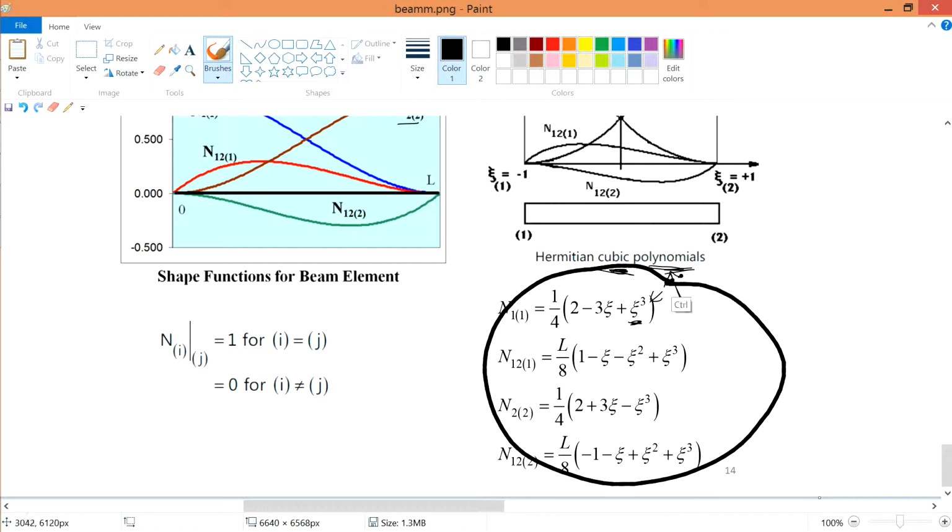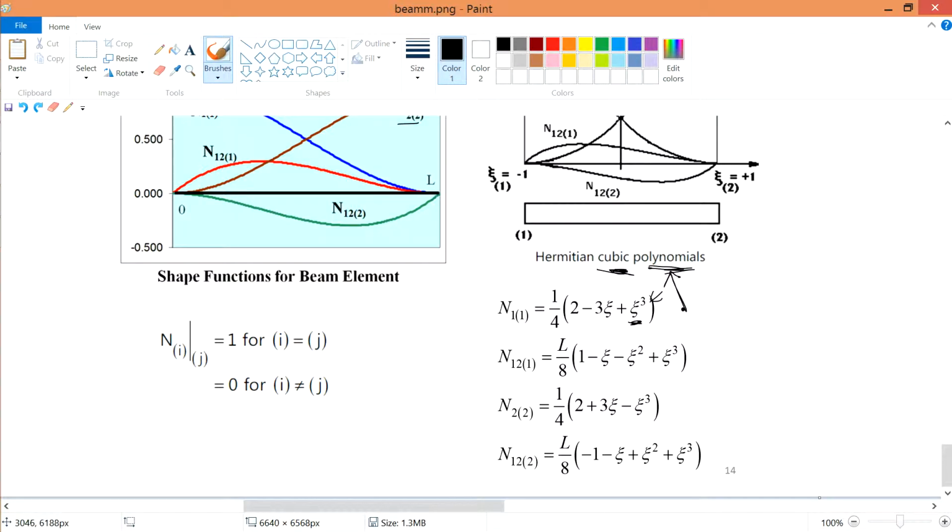These are all your shape functions to tell you how the shape of the beam looks. Take note that when i equals j, you have 1, and when i is not equal to j, it is 0. If it's not familiar, this is just the Kronecker delta relationship. Just take note that your shape functions are all these equations, and that's all. You don't need to derive that, hopefully.